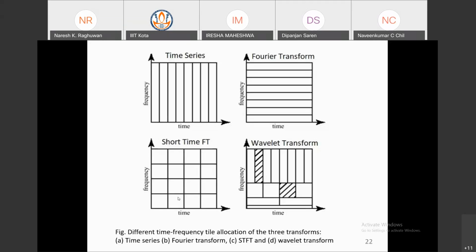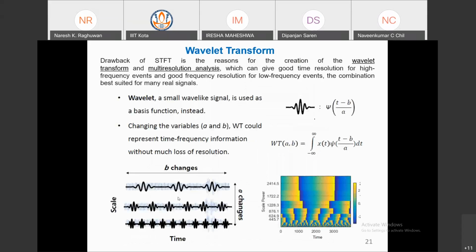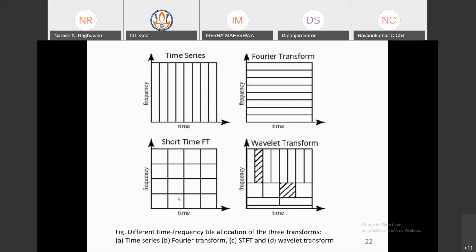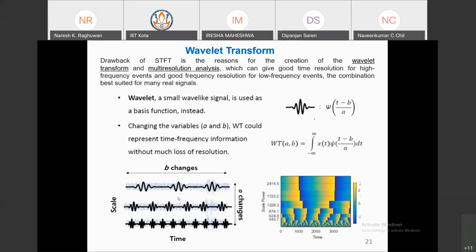At the top you can see the higher frequencies, and at the bottom the low frequencies. This graph is the frequency-time graph of the wavelet transform, and this one is scale versus time.